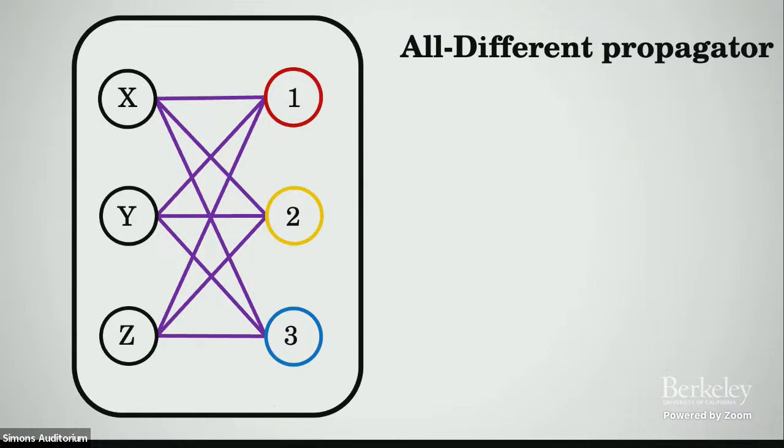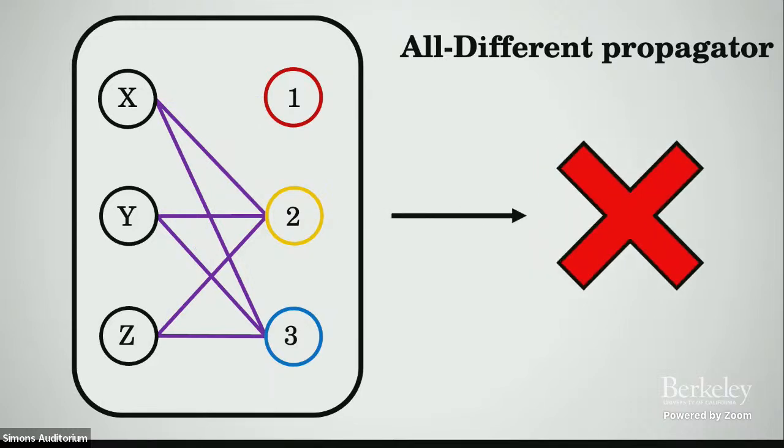It represents the variables and domains involved in the constraint as a bipartite graph with edges for which values are still involved in each variable's domain. And I'm going to just focus on the case here where the all different propagator decides in advance that we can backtrack early.